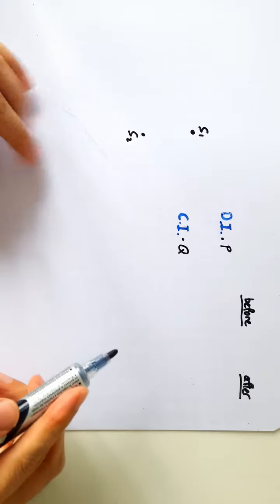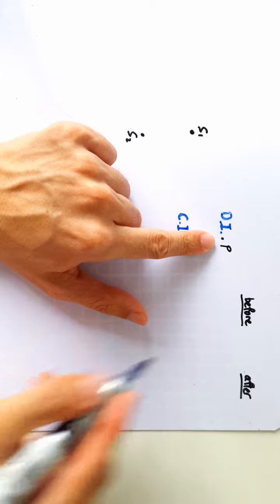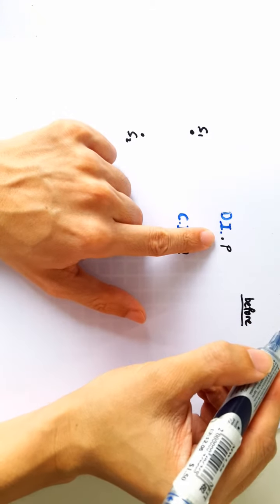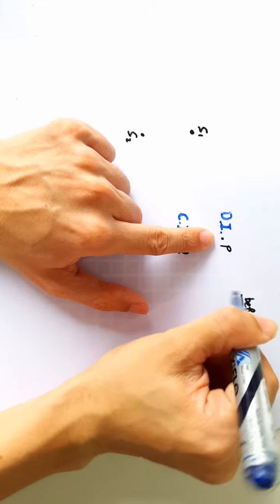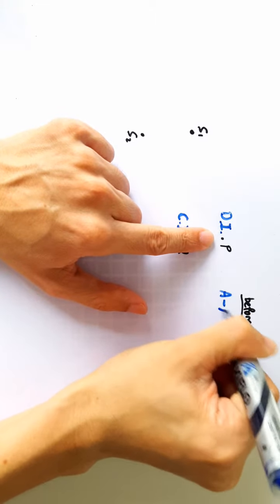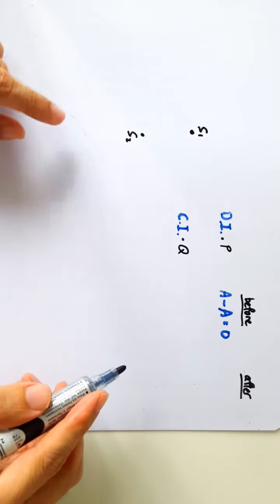So let's suppose that the amplitude of the two waves superposing at P was A and A. So what happened at P originally was A minus A, resulting in an amplitude of 0.